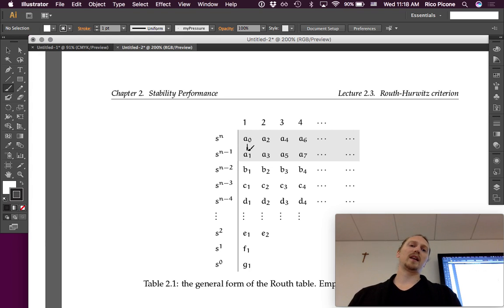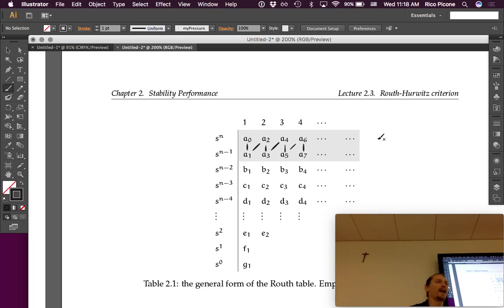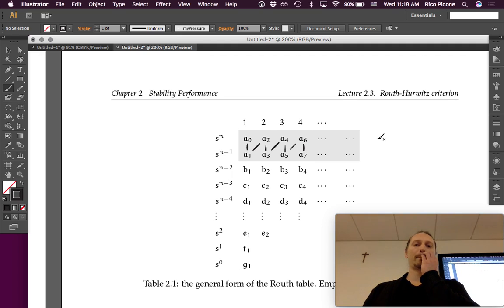Then we zigzag down here. So a0, a1, and then as we go down, then zigzag up diagonally, and then down, 2, 3, 4, 5, 6, 7, right? 0, 1, 2, 3, 4, 5, 6. We put them in like that until we run out of coefficients. And after that, anything to the right when we run out of coefficients is 0. Okay? So that's the first two rows. We just take the polynomial and just plop them in there.